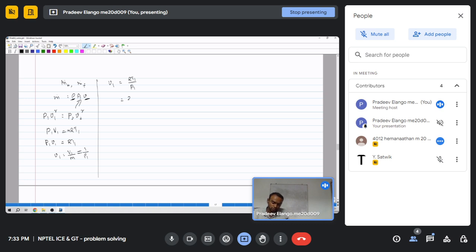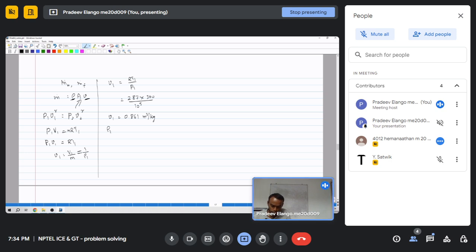What is R for air? 287 into T1 is 300 by pressure is 1 bar, that is 10 power 5. Now can you say what is V1 specific volume at state 1? 0.861 meter cube per kilogram.